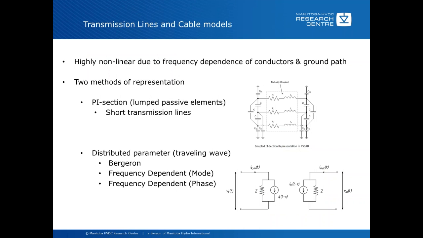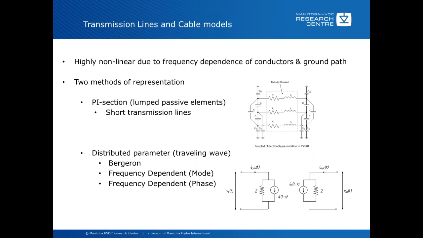So transmission line and cable models are highly nonlinear because of the frequency dependency of the conductors and the ground plane. There are two methods of representing transmission lines in PSCAD EMTDC. One is called pi section, the other one is based on the distributed parameter method.